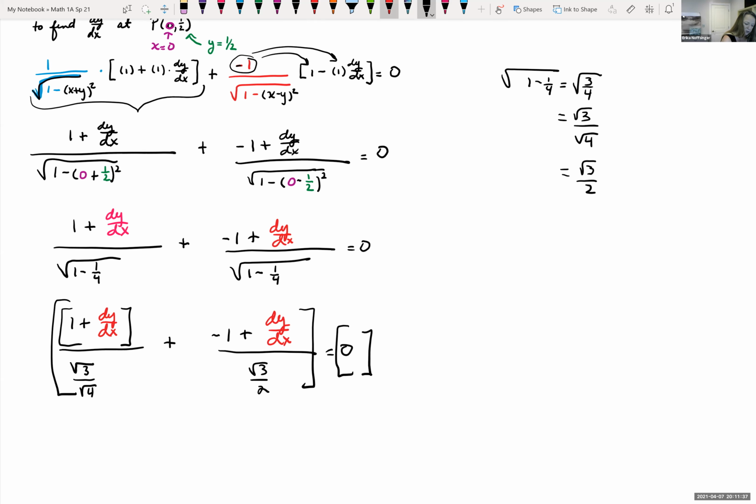If we multiply both sides of our equation by square root of 3 all over 2, notice that's going to cancel with this piece. When we distribute over here, that's going to cancel. And so 0 times anything is 0.